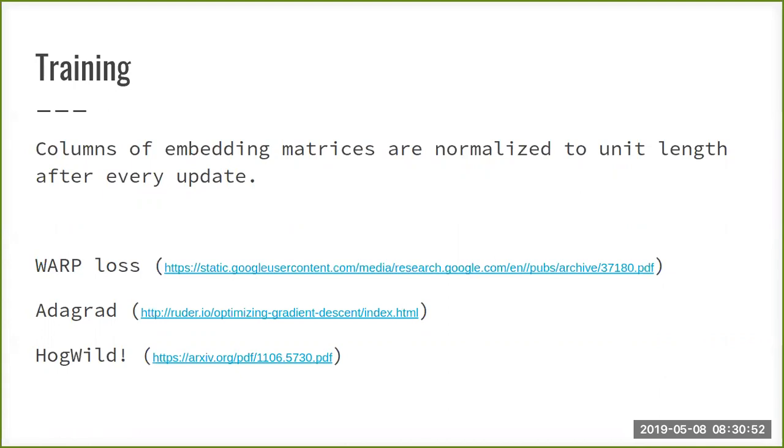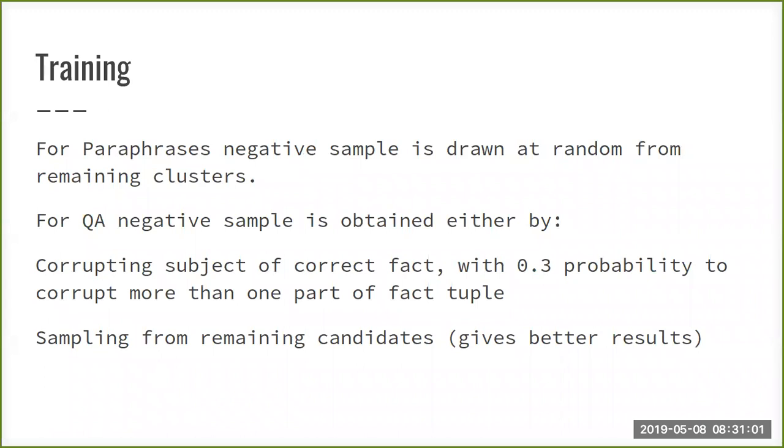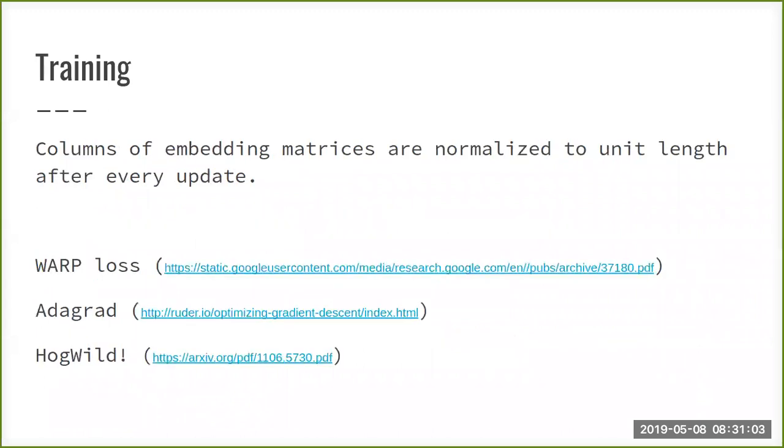They would use warp loss, which is basically they keep sampling in the setup as here until you actually get the violation, like until you actually get the positive loss, and then you do the update.